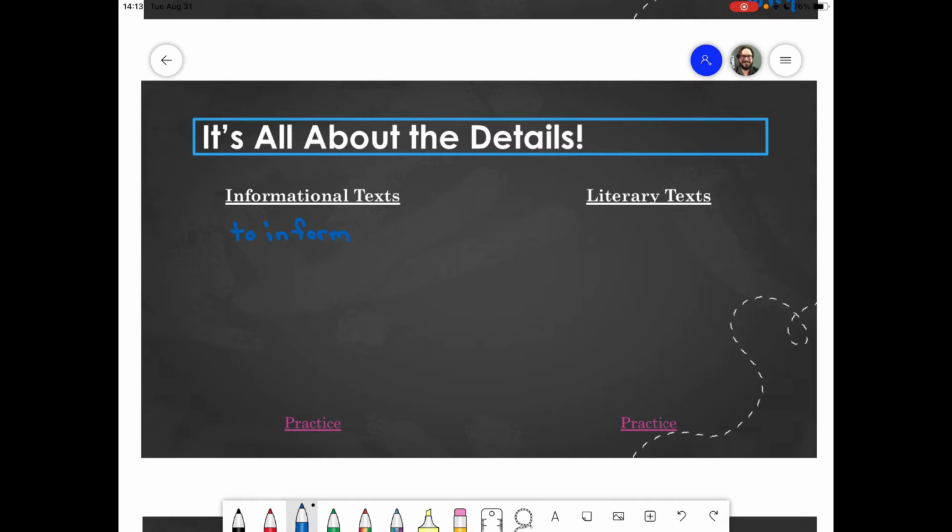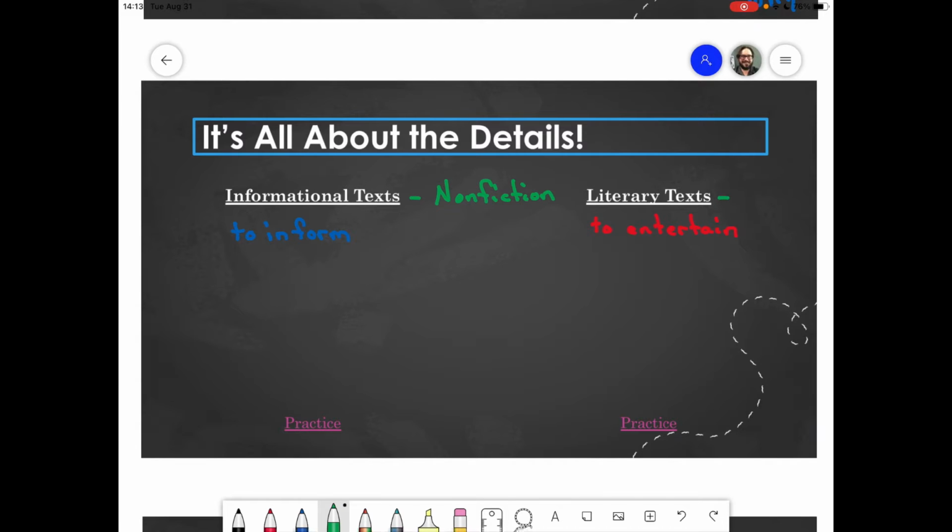Now, literary texts refer specifically to the type of writing that an author uses for the purpose to entertain. Another way to think about this, when we refer to informational texts, we are talking about non-fiction texts.